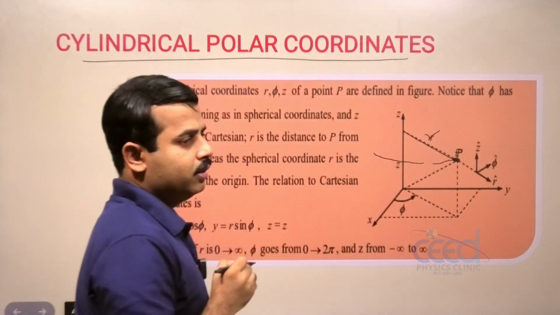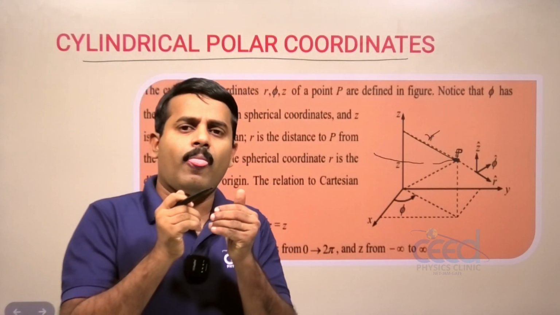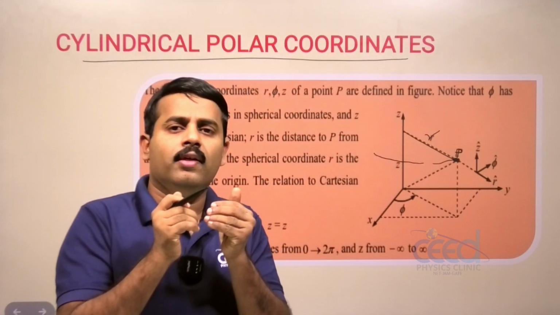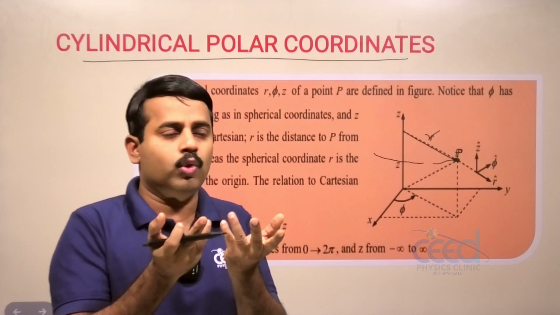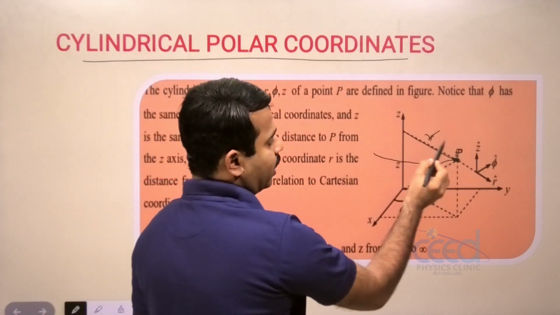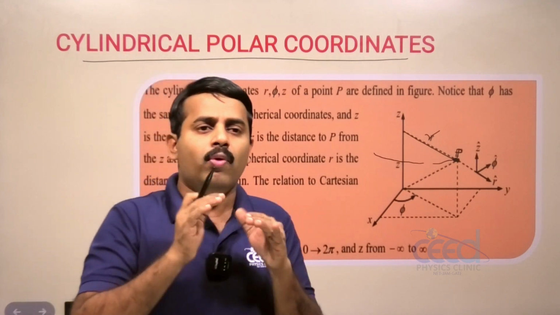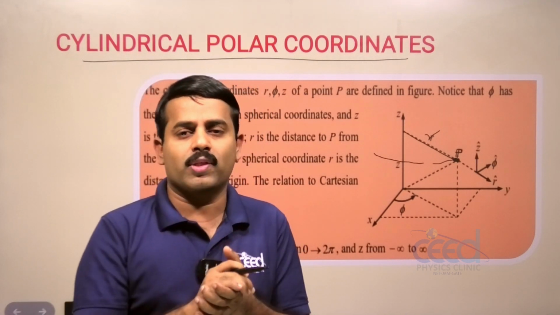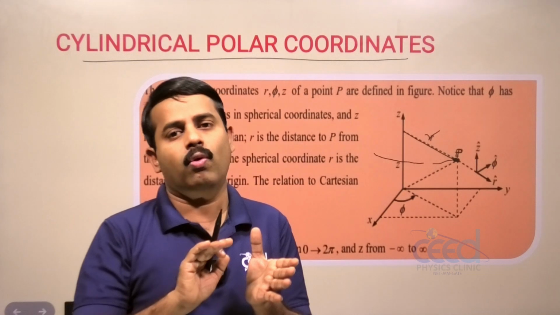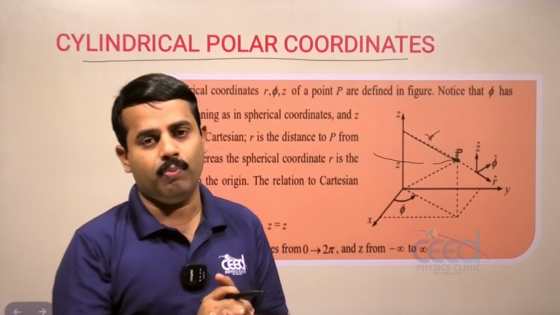So that radius vector should be defined to know where this point is. Any point you take, the radius is common. So by defining the radius alone, we cannot say this is that particular point.